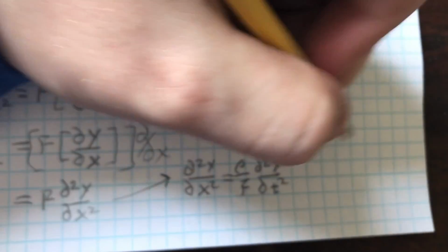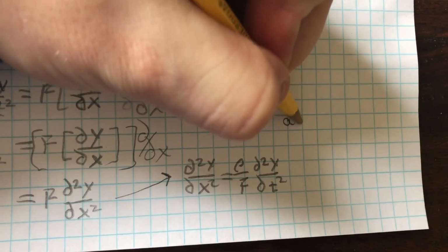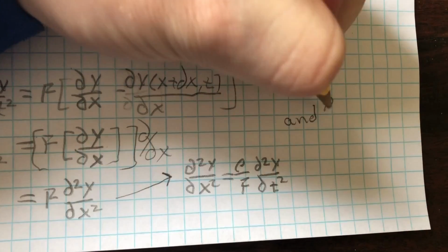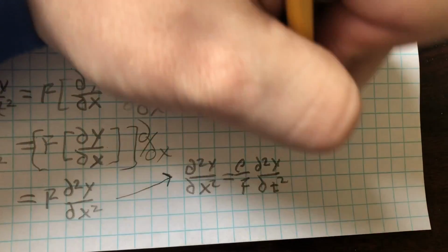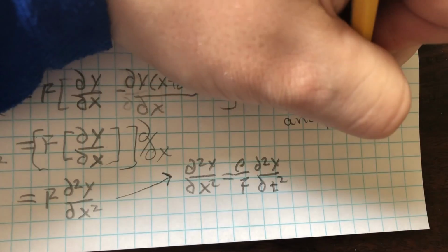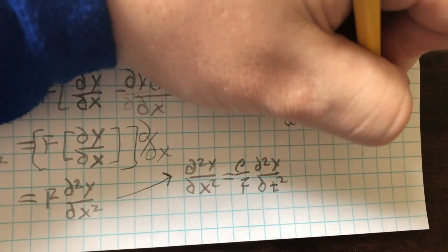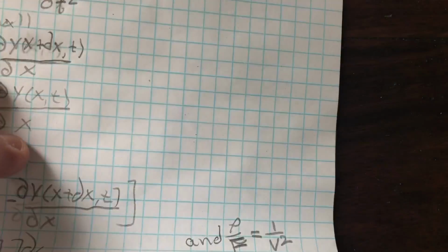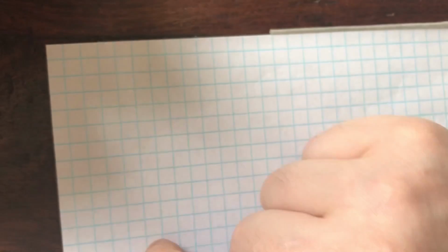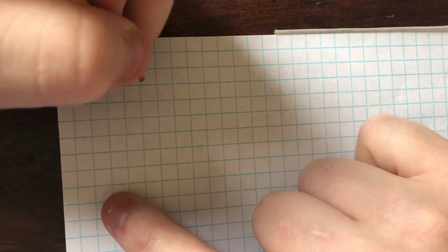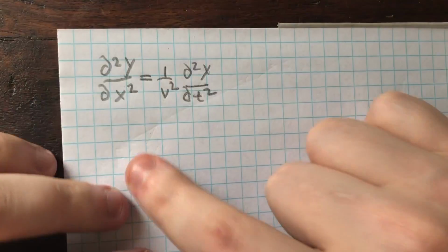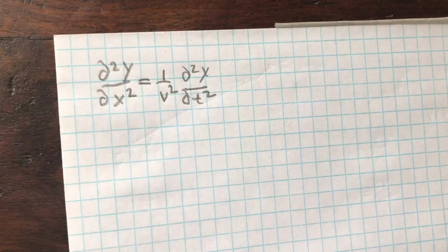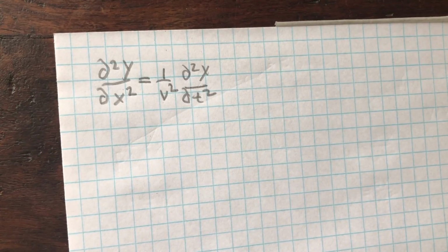And rho over f is equal to 1 over velocity squared. So now we have the equation, and this is the wave equation. This obeys sines and cosines.